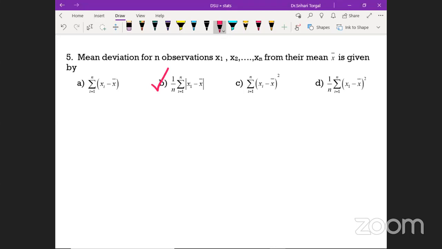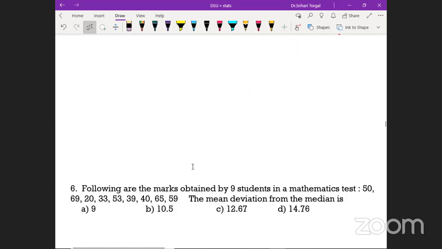Because the square is there, that is for variance. And here 1 by n is missing. If you put 1 by n also, that will be the formula for variance, not for mean deviation. And one more thing, the modulus should be there, because we have to take the difference. Option B is the right answer according to the formula.